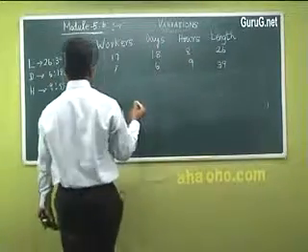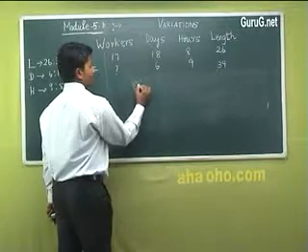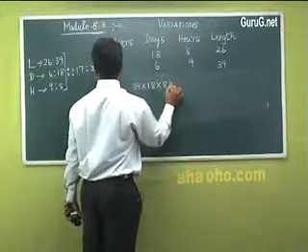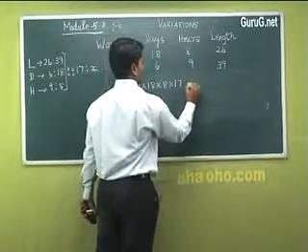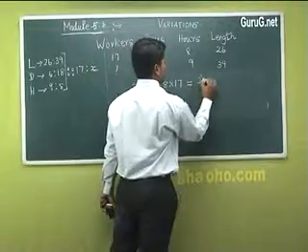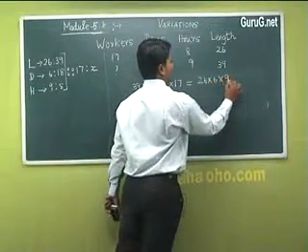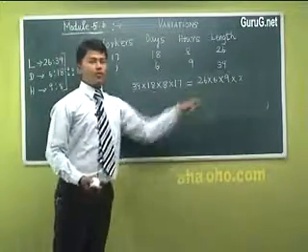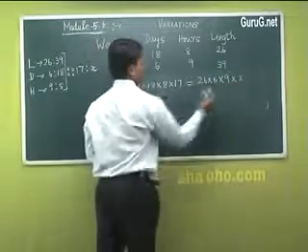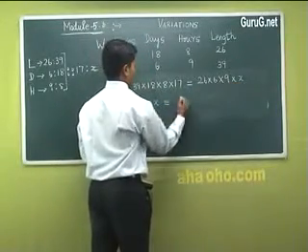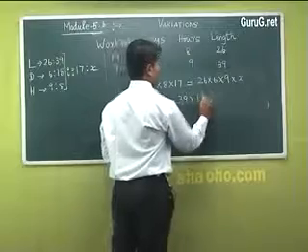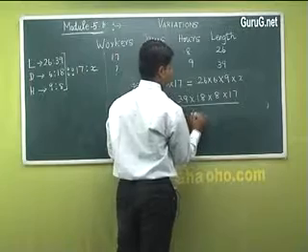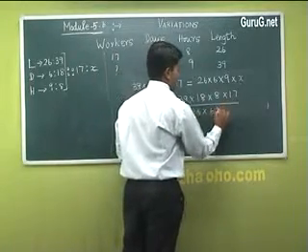That is, 39 into 18 into 8 into 17 is equal to 26 into 6 into 9 into x. Product of means is equal to product of extremes. Find the value of x. x is equal to 39 into 18 into 8 into 17 by 26 into 6 into 9.